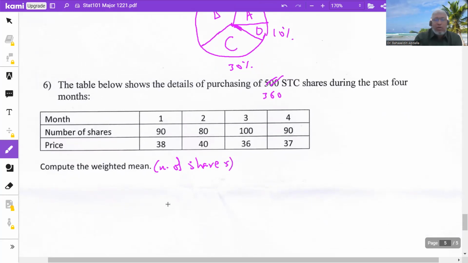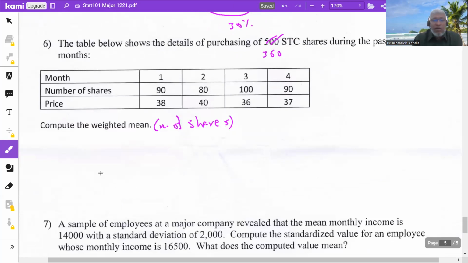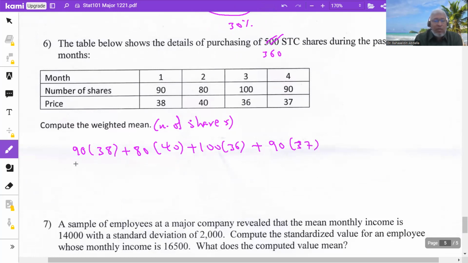So the formula of the weighted mean, we multiply 90 times the weight, which is 38, plus 80 times 40 plus 100 times 36 plus 90 times 37, and we divide by the total of the weights.